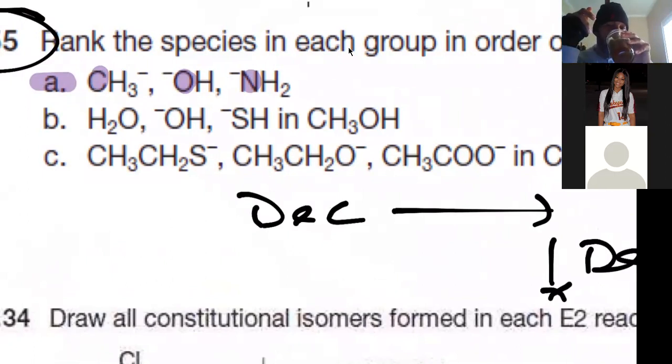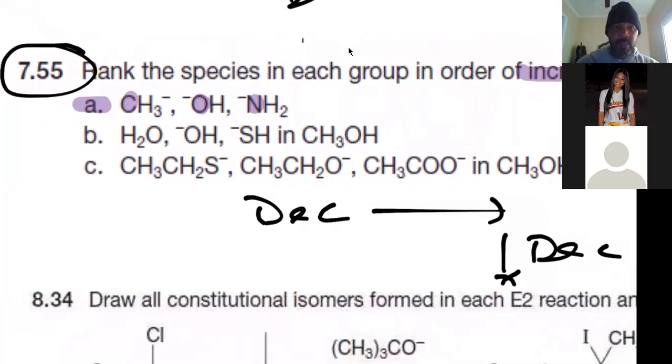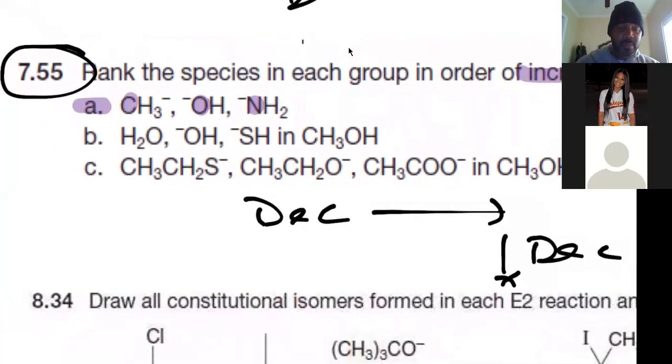I think the nitrogen is the first one, right? If we're going in order, increasing. Oh, increasing. I think the C would be first. Okay. The carbon is going to be the most nucleophilic. If we're ranking them in order of increase, we go from worst to best.